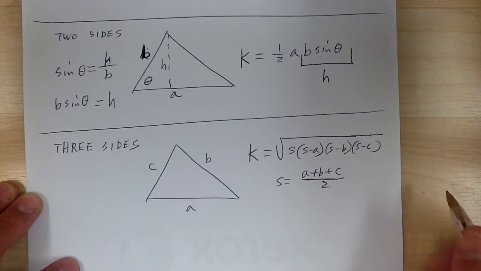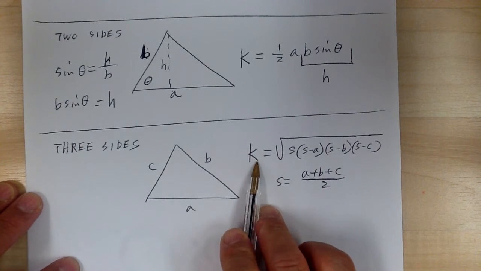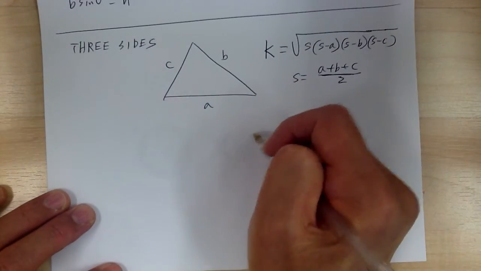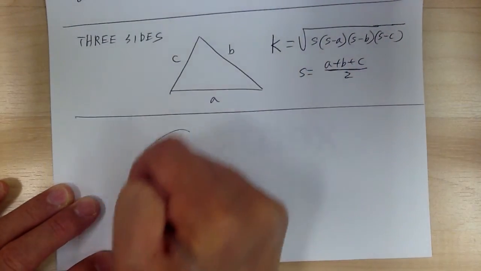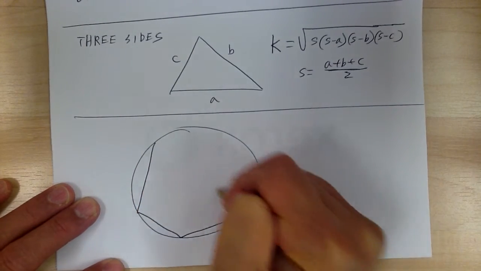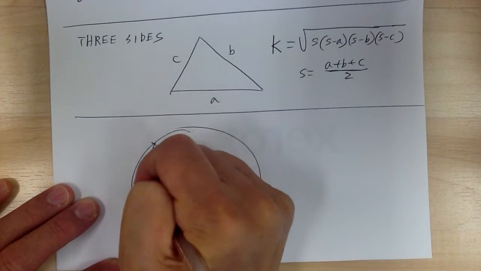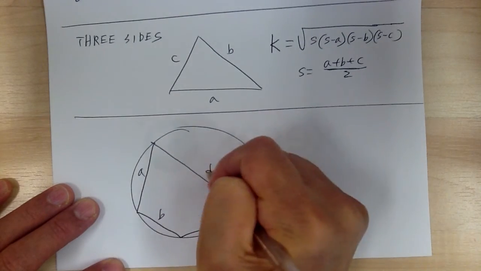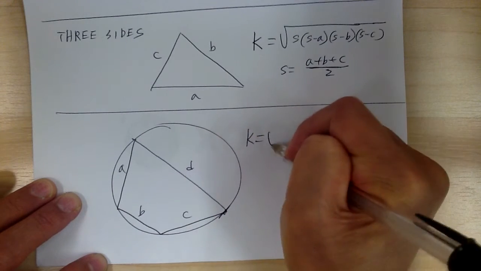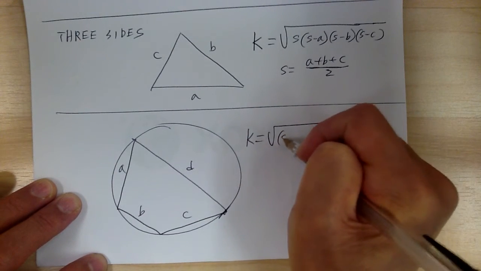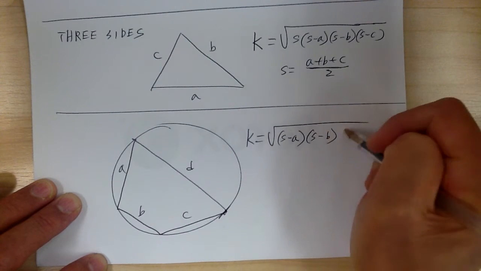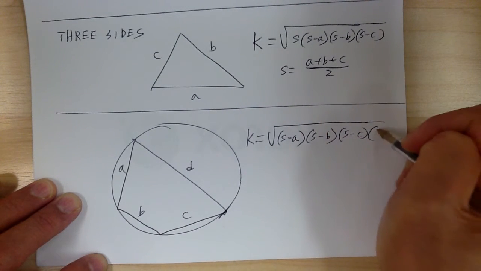Okay. Now, this actually came from a special formula. See, what happens is when you have a circle, and any quadrilateral that is inscribed in a circle, I'm going to call this A, B, C, D. The formula to find the area of this is K equal to the square root of (S minus A)(S minus B)(S minus C)(S minus D).